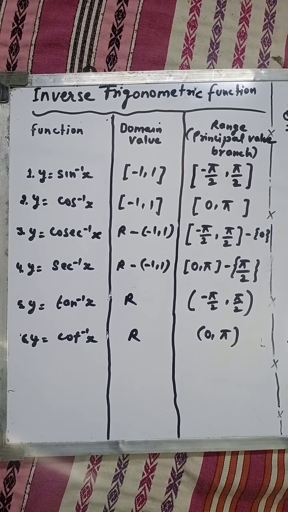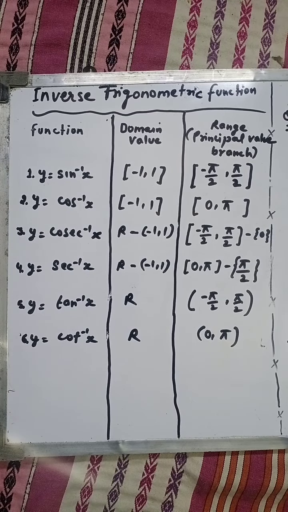In this chapter we will learn inverse trigonometric functions. So it is not sine theta, it's sine inverse x. It is not sine x, it's sine inverse x, cos inverse x, cosec inverse x, sec inverse x, tan inverse x and cot inverse x. So all are inverse functions.